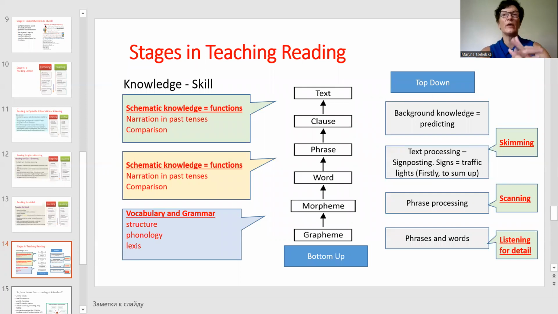So, when we teach reading, we also may use either bottom-up or top-down approach.